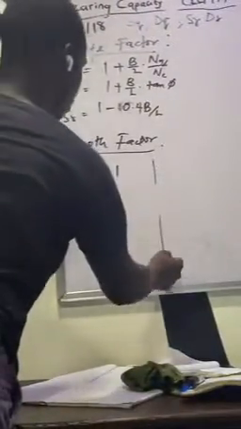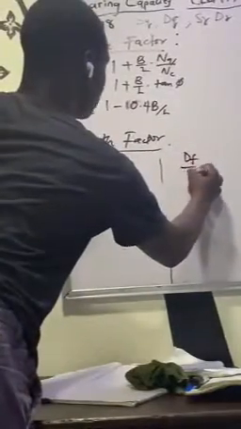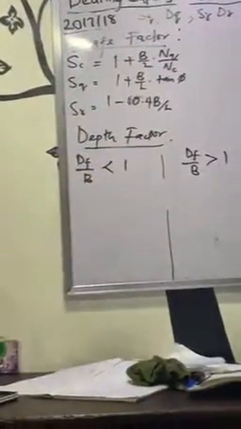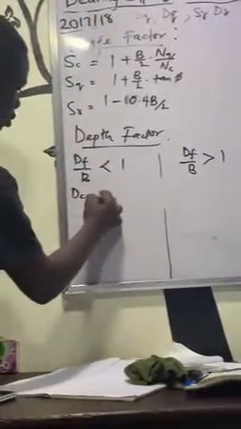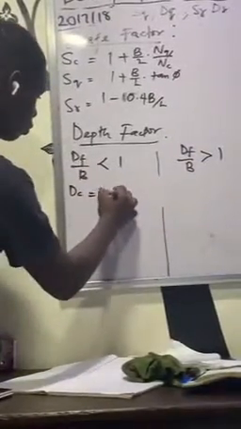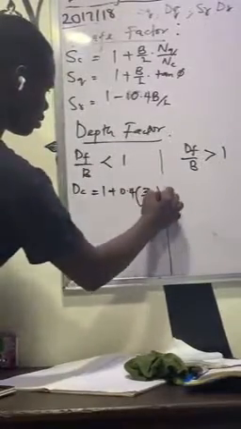And if DF over B is greater than 1, you have other depth factors for you. So when it is less than 1, your DC equals 1 plus 0.4 Z over B.